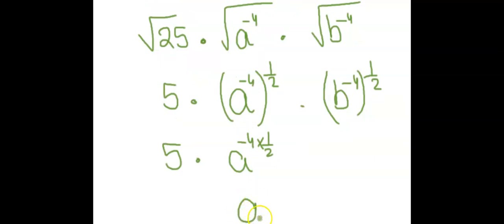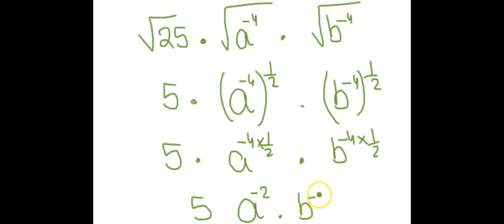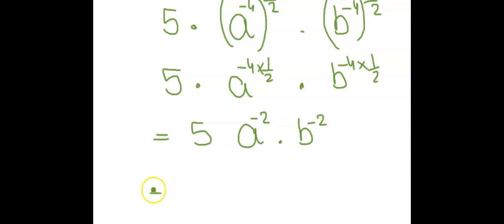So I can write down a to the power minus 2. That 5 is still there. And then b to the minus 4 times half. Minus 4 times half is again b to the minus 2. So you can write that as an answer, but if you want it as a positive index, this is what will happen: 5 divided by a squared b squared, because you can move it down and it becomes positive.